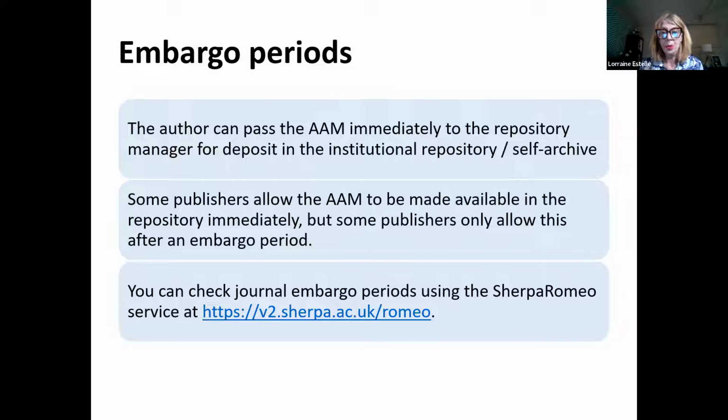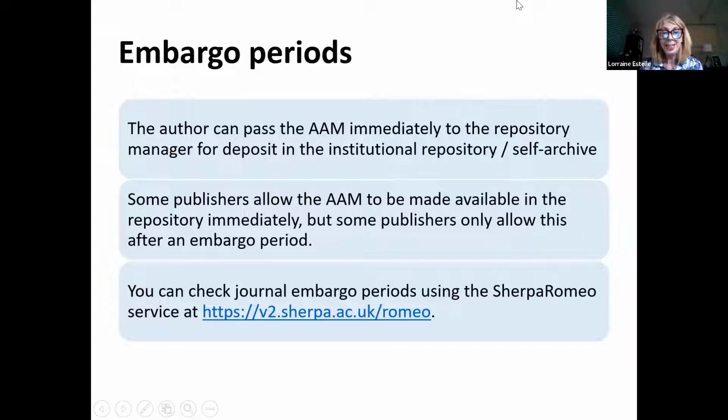But really important is that repository managers are aware that these embargo periods vary quite considerably. Some publishers, the AAM can be made available in a repository immediately. Sometimes it may be 6 months after publication, a year after publication, or in extreme cases, even 2 years after publication. So it's quite a complicated landscape in terms of all these different publisher policies.